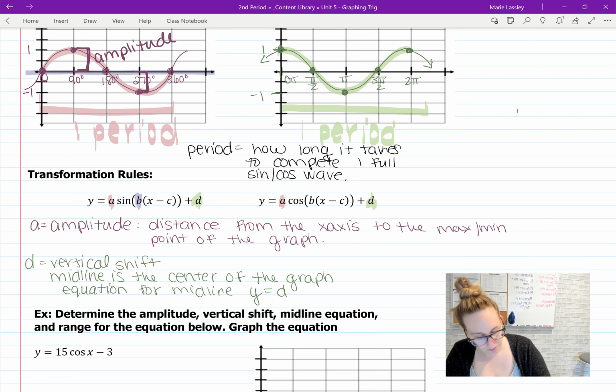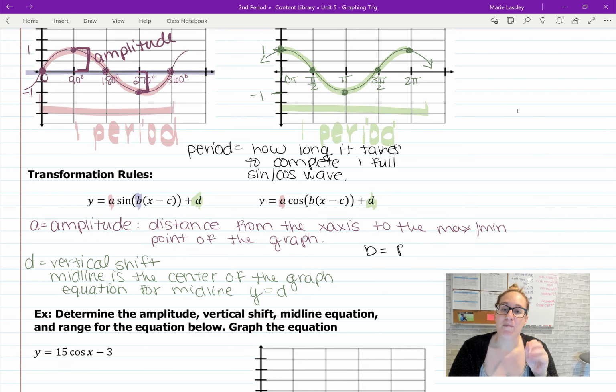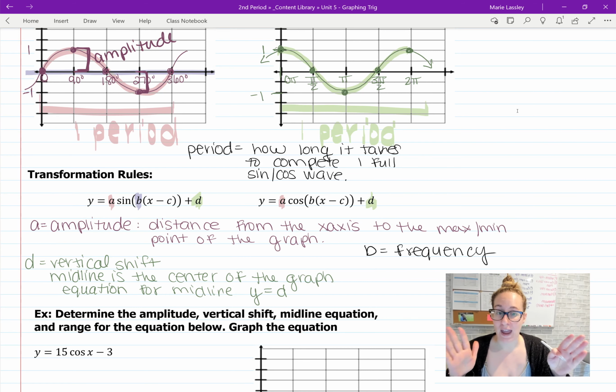The frequency is very similar to the period. The period is how long it takes us to complete one full wave or one full cycle. The frequency is how many cycles happen between 0 and 2 pi.